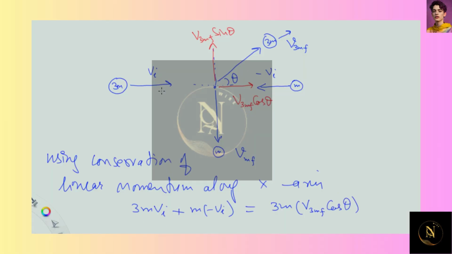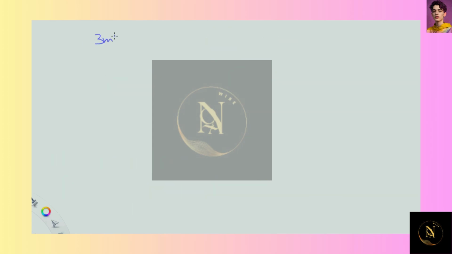So on the left hand side, this is 3m vi minus m vi is equal to 3m v3mf cos theta, or we can say 2m vi is equal to 3m v3mf cos theta.